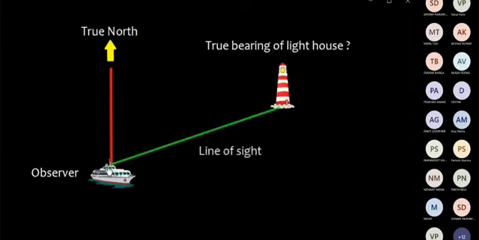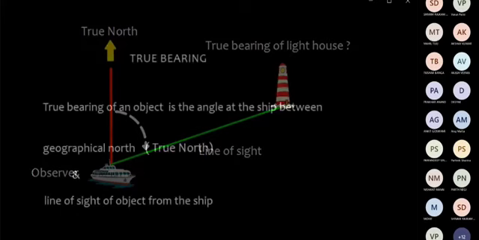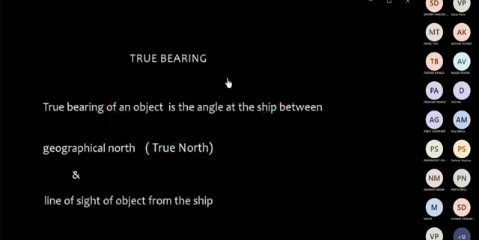And this is the line of sight of the object from the observer. So this angle is going to be the true bearing of this lighthouse. The true bearing of an object is the angle at the observer, between the geographical north or true north and the line of sight of the object from the ship.